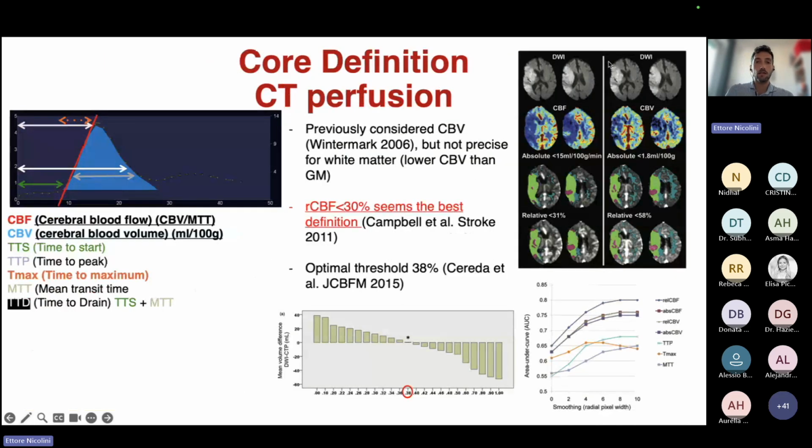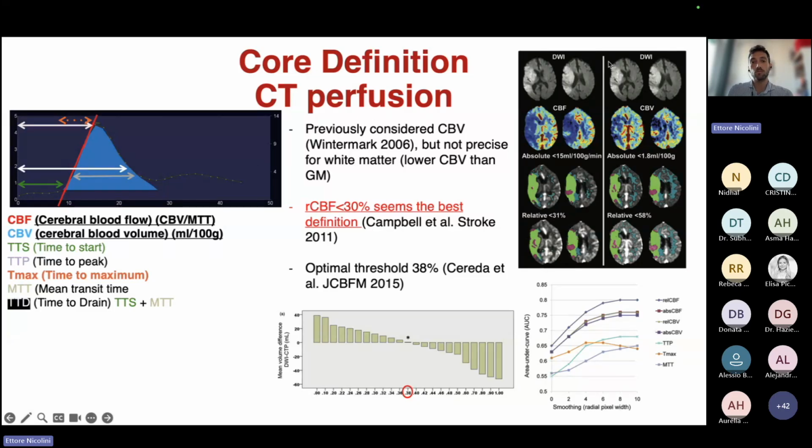And as for the CT perfusion, we are even more distant from the tissue level. This is because all the data we have about tissue classification in CT perfusion were based on studies comparing CT perfusion with MRI, which is also a surrogate of metabolic perfusion.